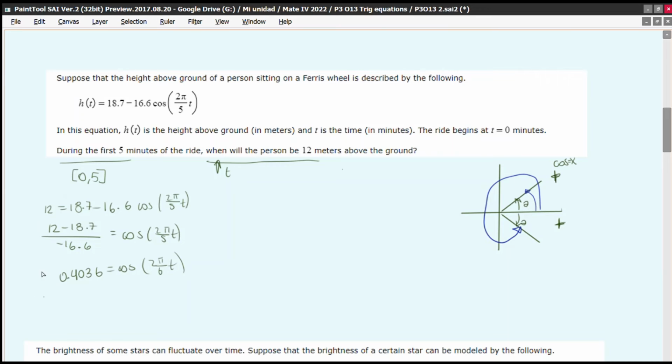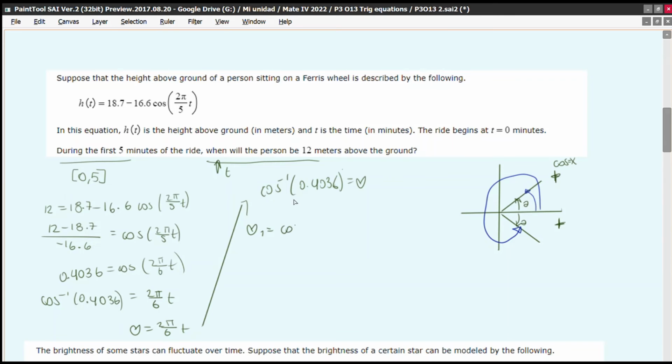So if we apply cosine inverse of 0.4036, this is 2 pi over 5 times t, and we're going to do a substitution of theta equals 2 pi over 5 t. So this expression can be rewritten as cosine inverse of 0.4036 equals theta. My first solution is the reference angle given by the calculator, straight up this.